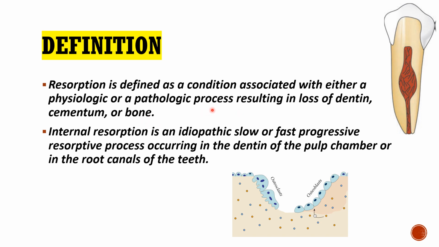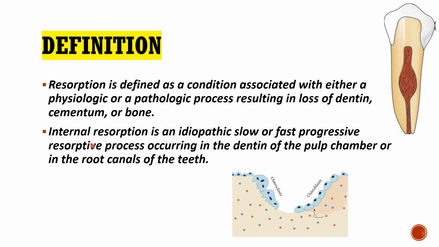Pathologic can be because of some inflammation, that is periapical inflammation, tumors, cysts, or if there is some dental trauma which has occurred. All this can also result in resorption. What happens is it results in the loss of dentine, cementum or bone. So this is the definition of resorption which is given by the American Association of Endodontists.